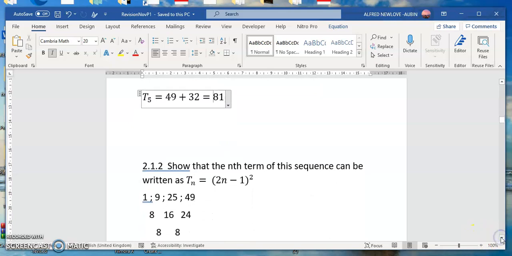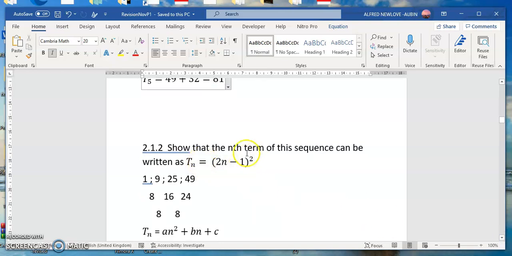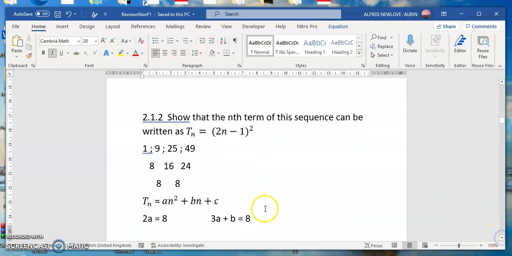The question says that show that the nth term of this sequence can be written in this form. In this form. Nth term. How are you going to do that? You follow the same sequence. So we know that the general quadratic pattern is written this way.